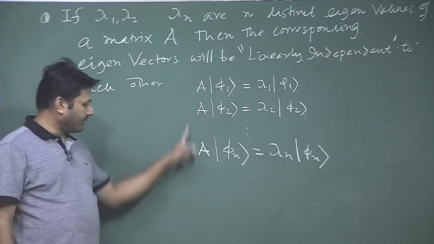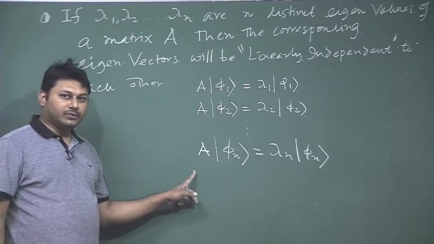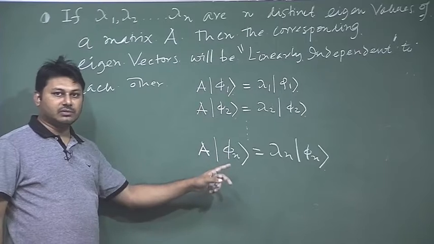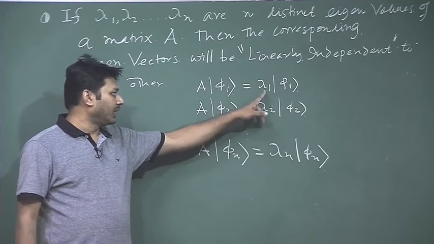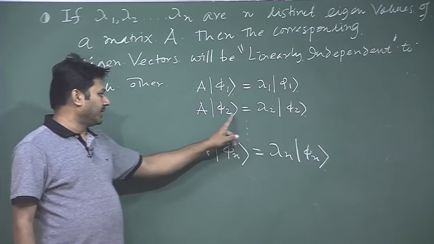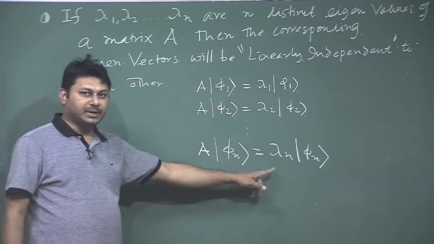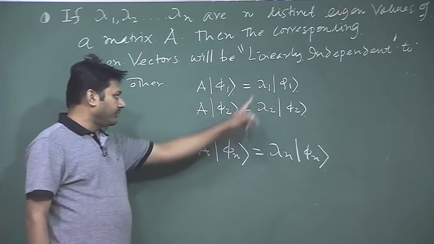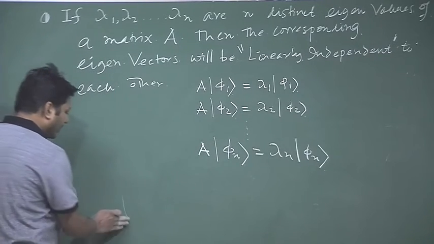So, I have this set of equations. In every case I use the eigenvalue equation with different eigenvalues. For lambda 1 I have an eigenvector phi 1, for lambda 2 I have an eigenvector phi 2, and so on. For lambda n I have an eigenvector phi n.